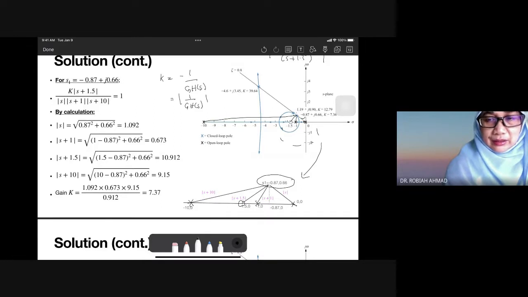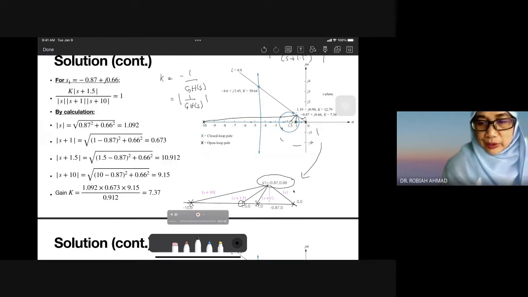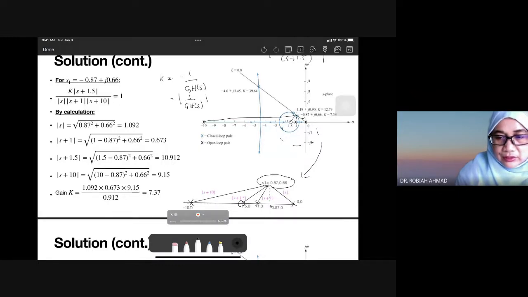If you use a scale of 0.5, later you have 2 times 2. If you're doing it by calculation, the distance is the square root of x squared plus y squared, so 0.87 squared plus 0.66 squared. This is 0.66, this is 0.87, and S plus 1 is the same.